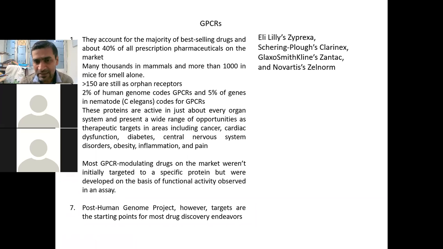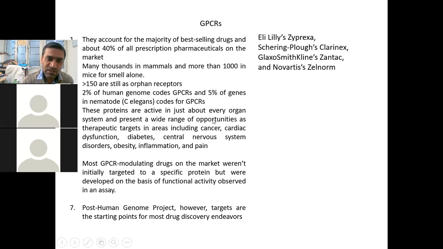We have already seen that many of us are able to digest many things very easily, but our friends or family members are not able to digest them. So all these behavioral, psychological and physiological differences are actually governed by small differences in the sequence of these receptors, that is GPCRs.